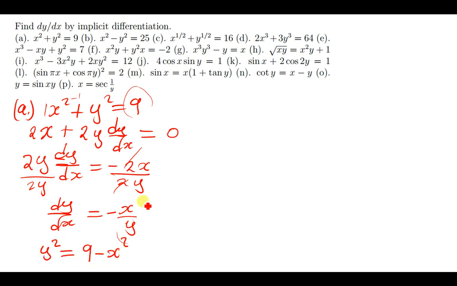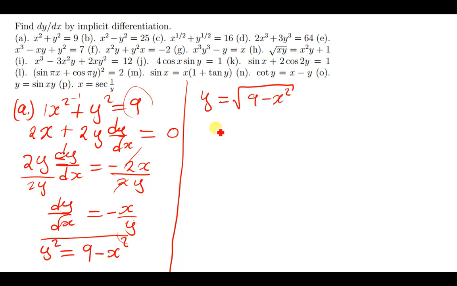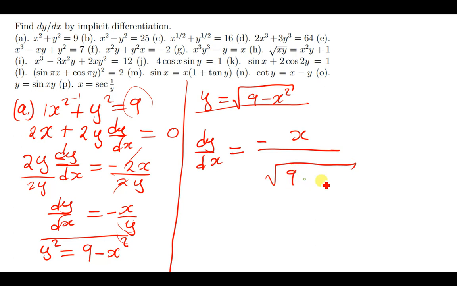Now, to make y the subject of the formula, we square root both sides, so that we have y is equal to the square root of 9 minus x squared, meaning the final expression for dy dx is dy dx is equal to negative x over, while there is y there, I'm going to replace with that. So this will be the square root of 9 minus x squared. So this is the derivative of the first question there.